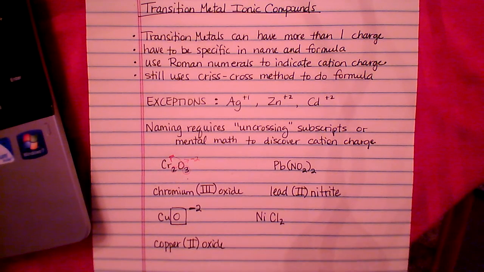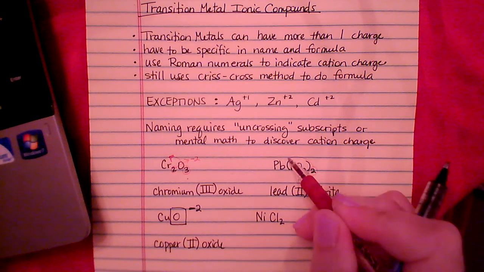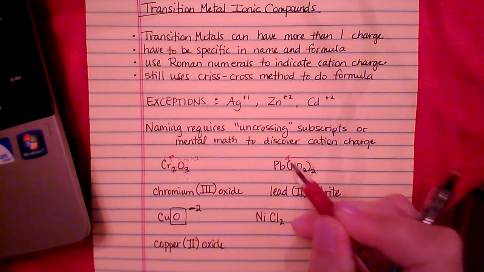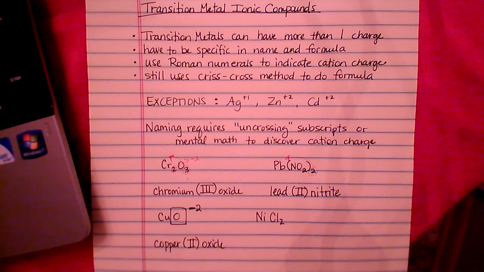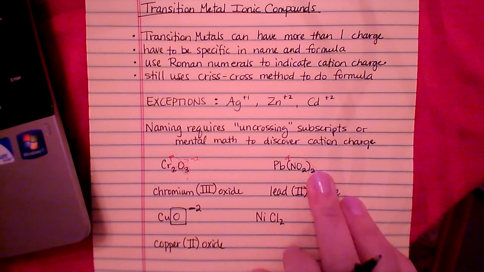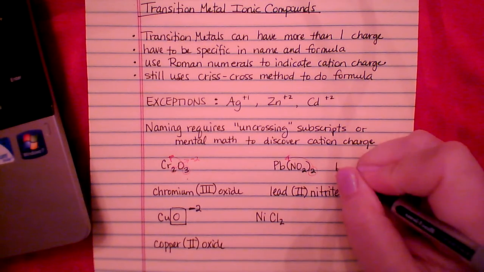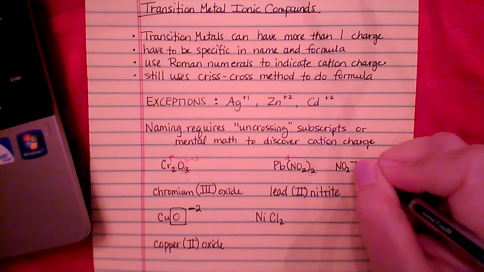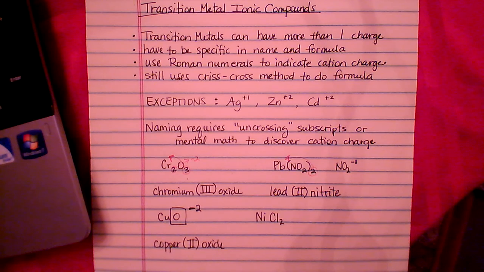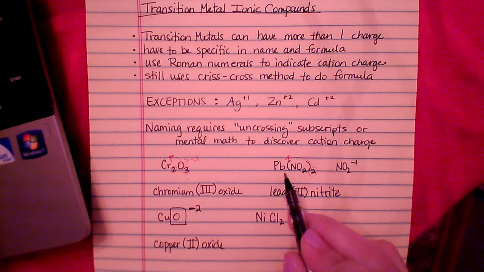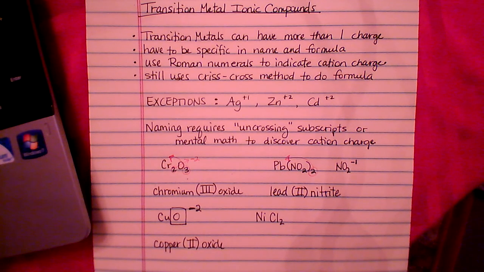Once again, you could kind of get it from uncrossing your charge, but you might not get the right answer there. The only reason that it does work is because ordinarily nitrite is a -1 charge. So that meant that the understood 1 here was fine.